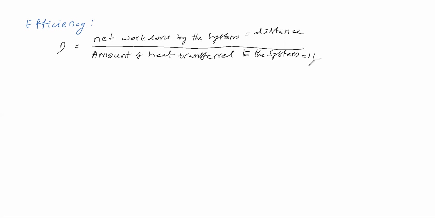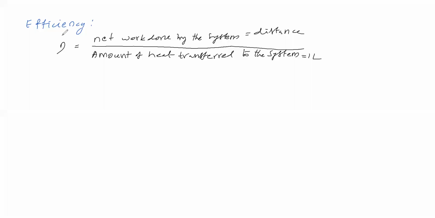For this amount of petrol, what distance the vehicle travels, that ratio if we take will give the efficiency of the vehicle. Exhaust and all we cannot take, exhaust is waste only. So 1 liter of petrol we are giving, and how much distance the vehicle travels, that is called the efficiency of the vehicle.